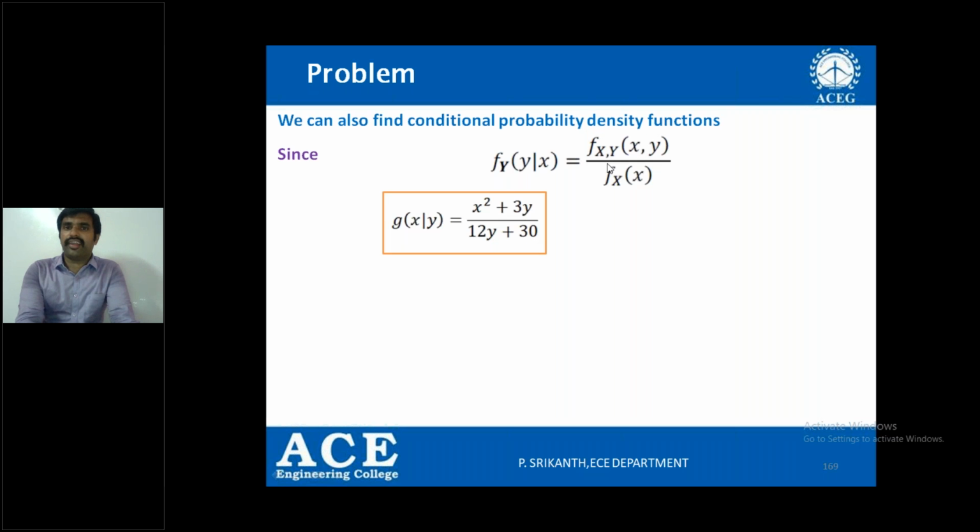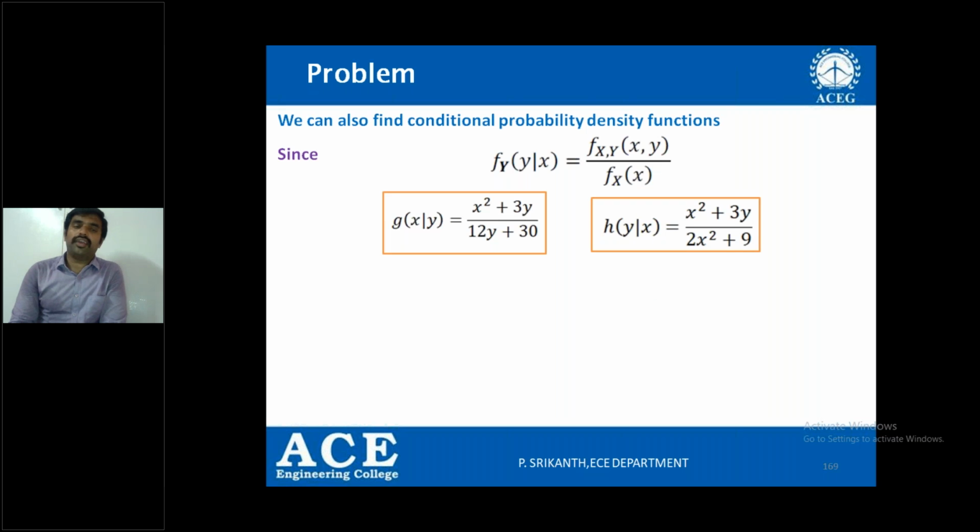We know the joint density and the marginal density, so by substituting them I directly get (x square plus 3y) by (12y plus 30). Similarly, in reverse order, I can get y given x. I am assuming the function as h: h of y given x equals (x square plus 3y) by (2x square plus 9).